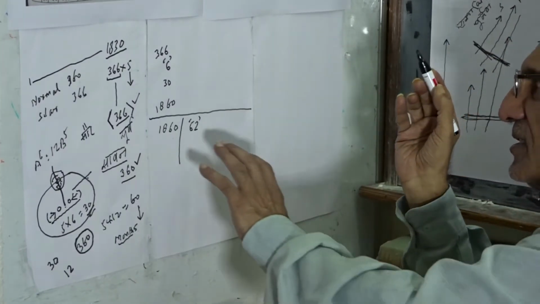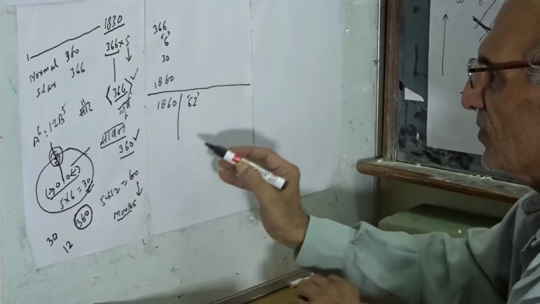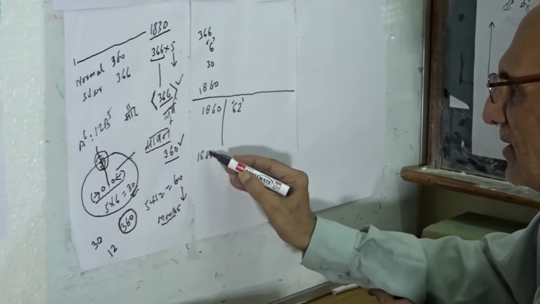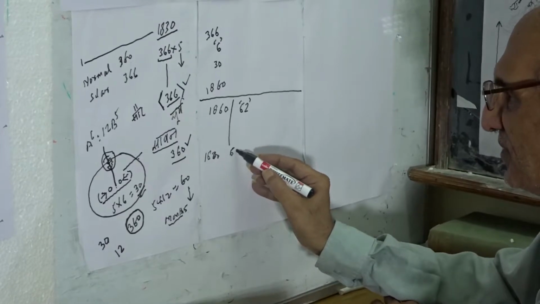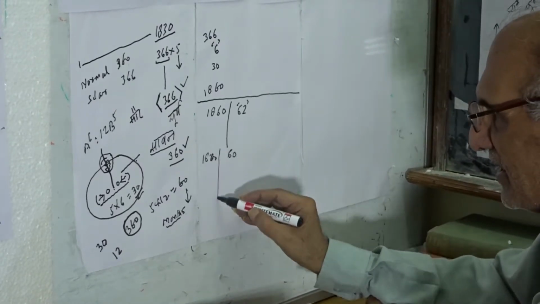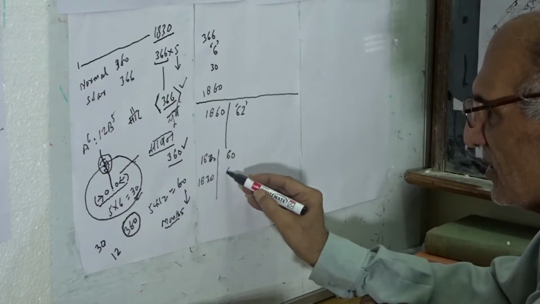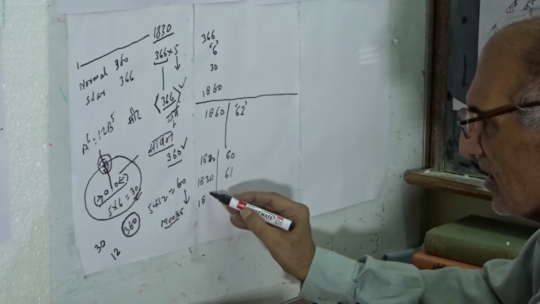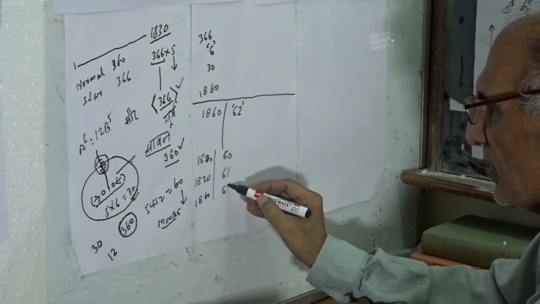Now, it is this feature that when we are having 1800, we are having a value of 60 months. Then 1830 we are reaching at 61. Now, if we accept that 1860, it will take us to 62.